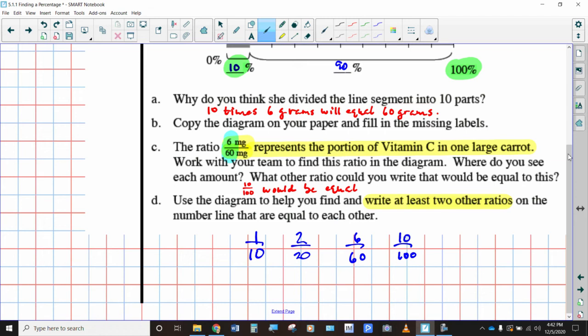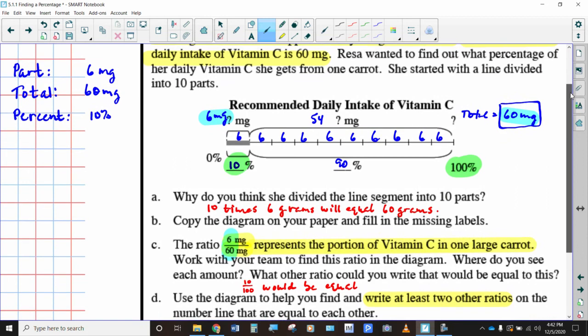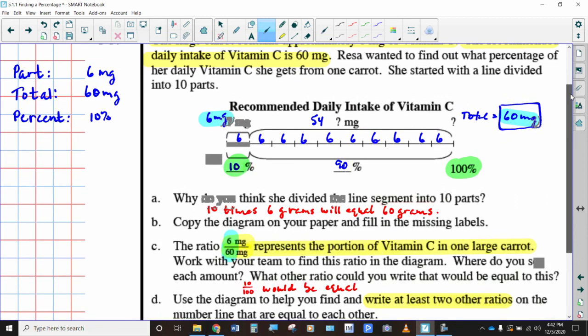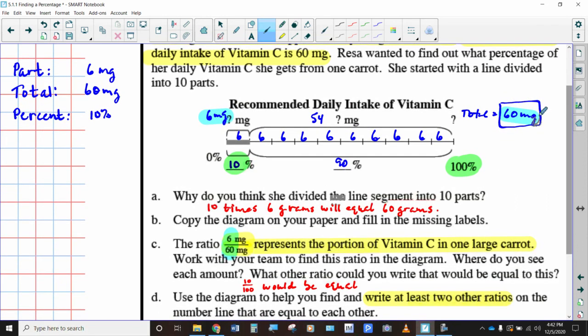Okay, so let's go back to our percent proportion and see if we can solve this one using the percent proportion. So if we're trying to figure out what percent we're working with here, the part is 6, the total is 60. It's the percent portion that we needed to figure out here. And in this case, it might actually be best to reduce or simplify this fraction.